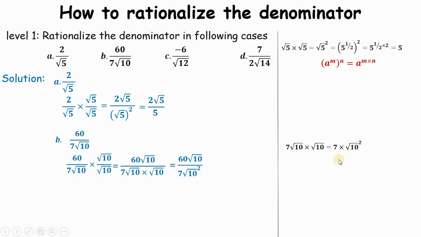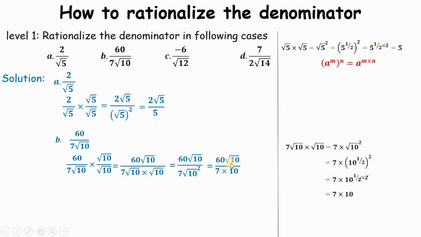Here we have 7 into root of 10 squared, which is 10 raised to power half whole squared. Root means power of half. Therefore power over power, again we'll use this identity here. So you'll get 7 into 10 raised to power half into 2, and 2 and 2 get cancelled. So you'll get 7 into 10, that is 70.